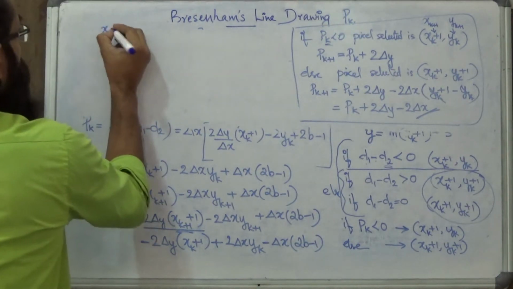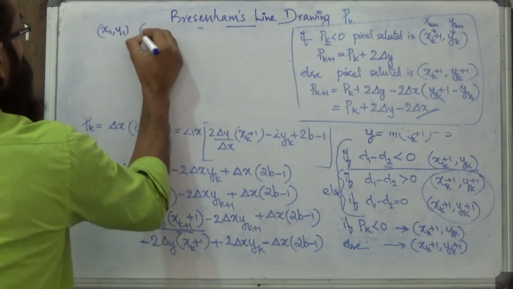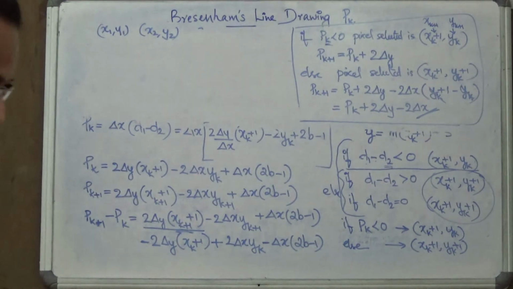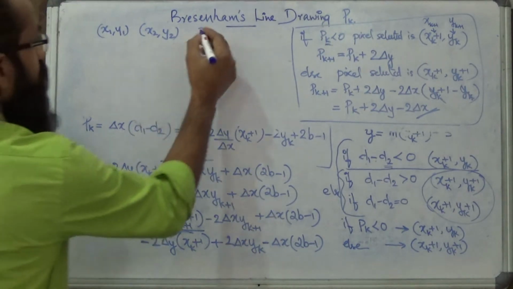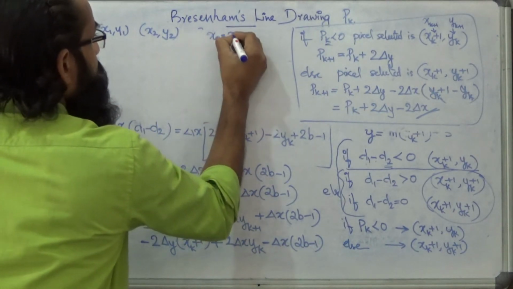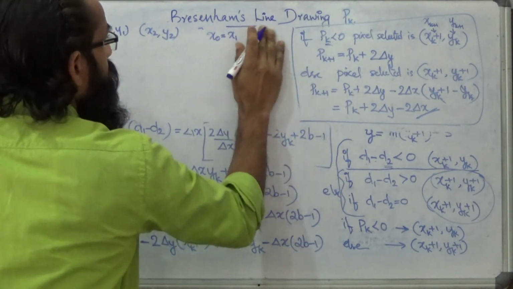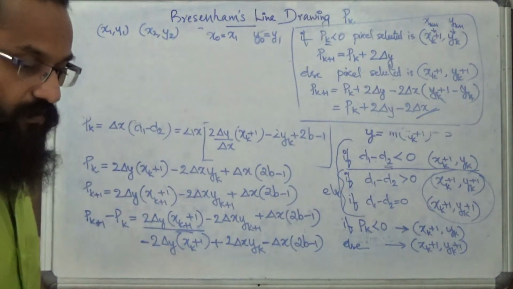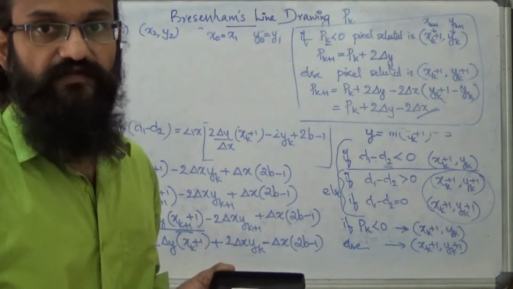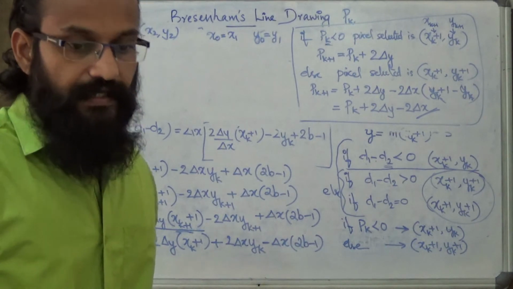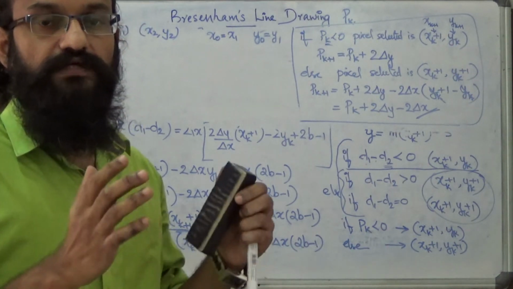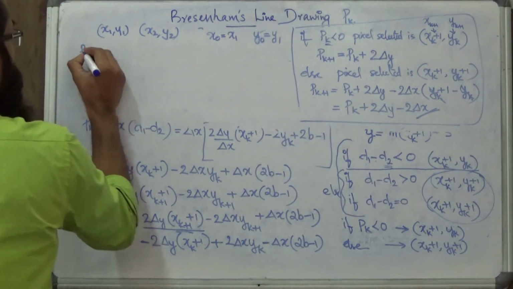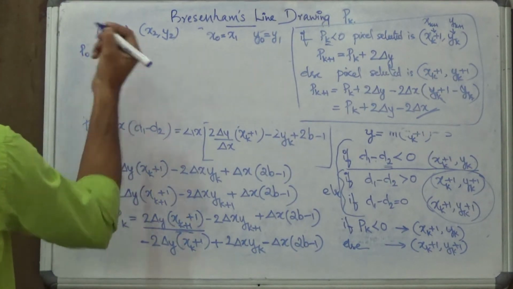You are having a line with endpoints x1, y1, x2, y2, and assume that you are loading the first endpoint into x0, y0. So you are plotting x0, y0 at first, and based on x0, y0 you have to determine the starting decision parameter p0. So how will you compute the starting decision parameter p0?